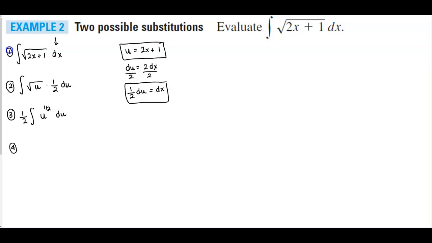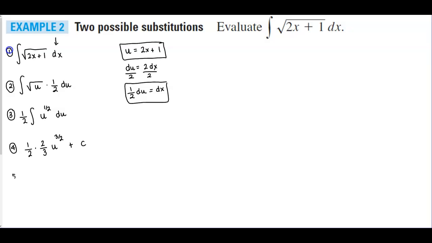Well, we know that the antiderivative of u to the 1/2 is going to be 2/3 times u to the 3/2 plus c.